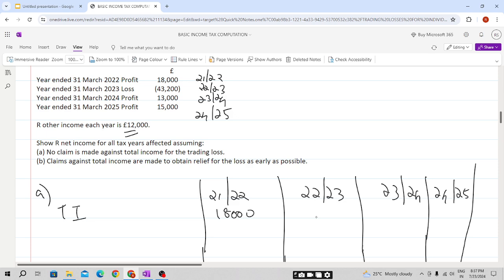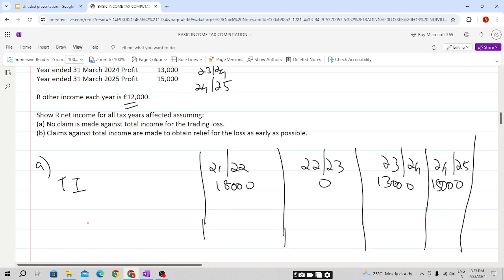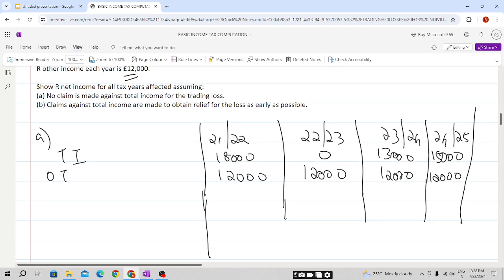For 22-23 there is a loss, 23-24 is 30,000 pounds, and 24-25 is 15,000 pounds. I hope this is clear. Now other income is 12,000 for each year. This is clear. So this will give rise to our total income.